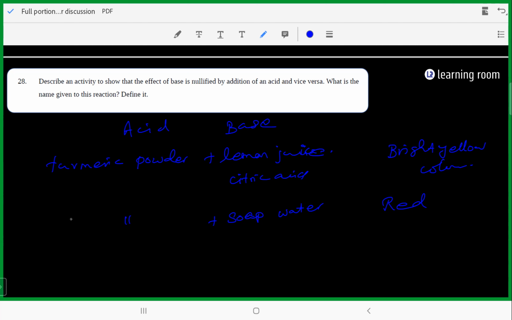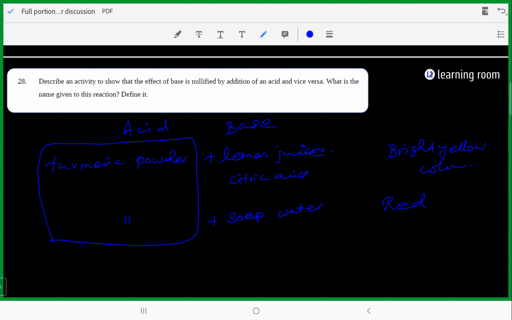So what is the purpose of this turmeric powder? It is used as an indicator. An indicator can be used to check whether the neutralization is completed or not by using an excess drop.